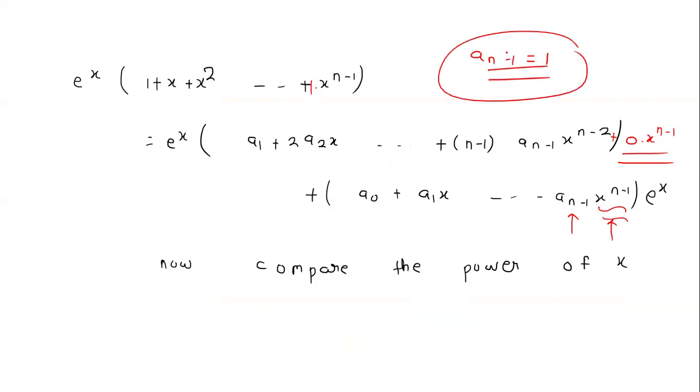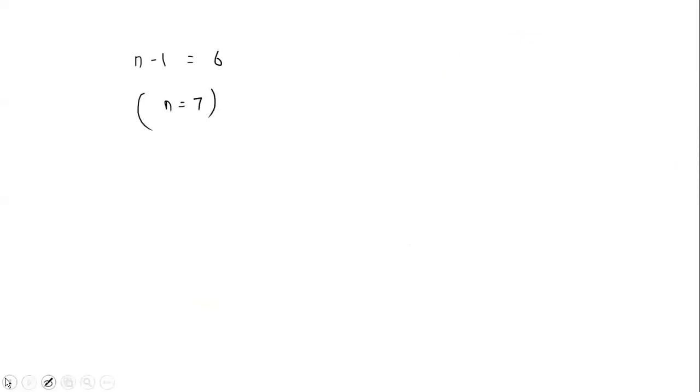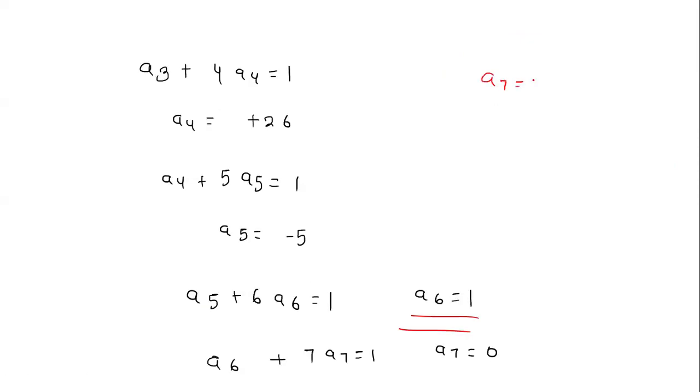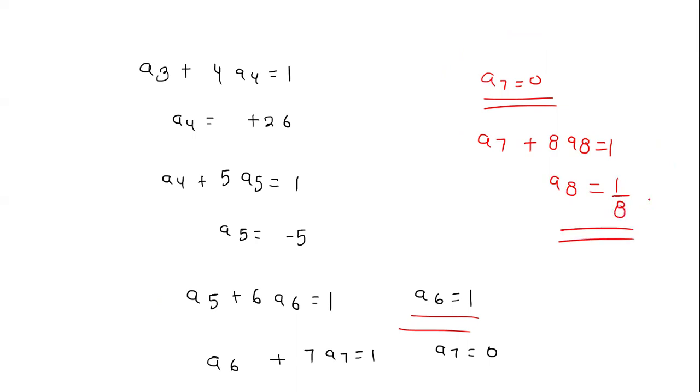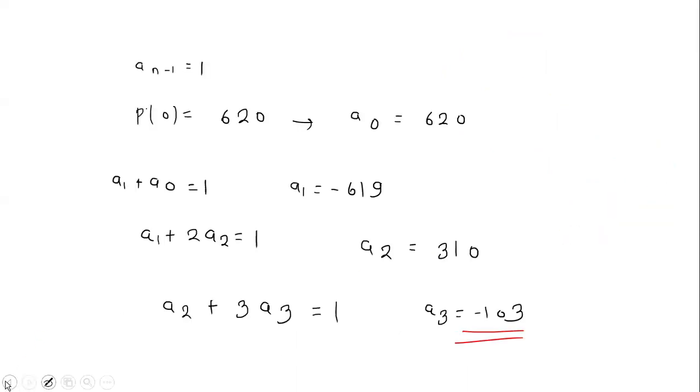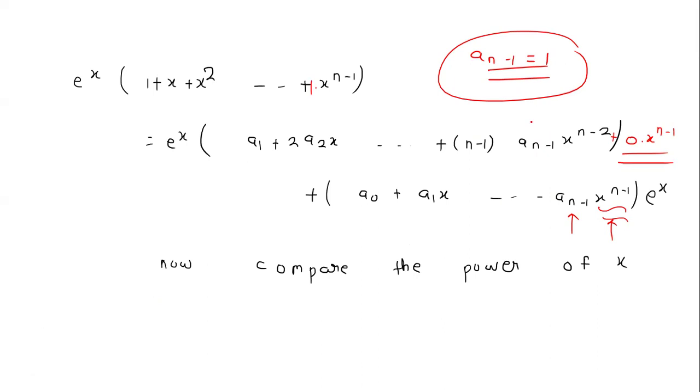But if you take higher powers, like we know a7 is 0, the coefficients will come in fraction form, so we don't want that, because you can also see this last coefficient must be equal to 1 to satisfy this equation.